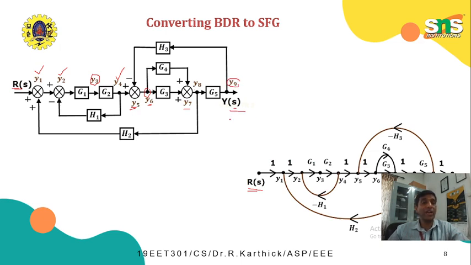Each thing we represent as per the direction given by the signal. So this is how a block diagram is converted into a signal flow graph.